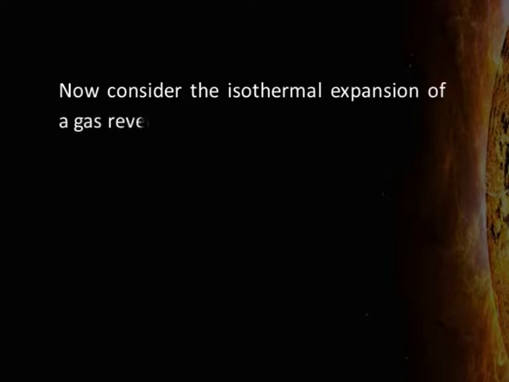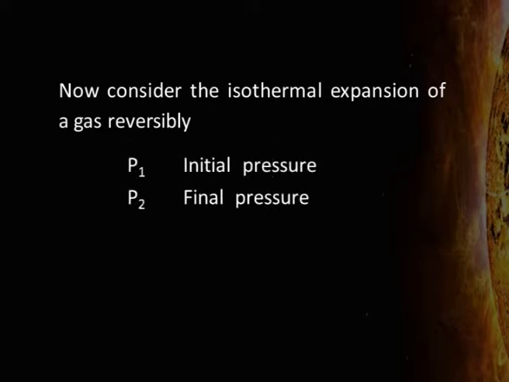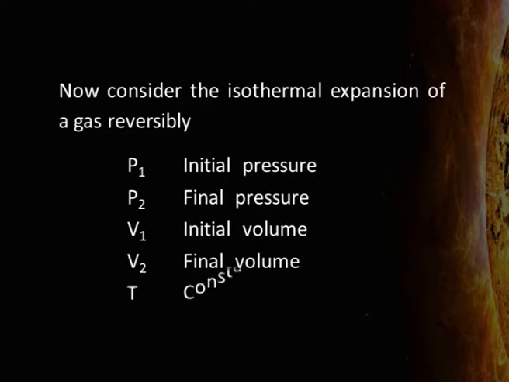Now consider the isothermal expansion of a gas reversibly. Here let us take P1 as the initial pressure and P2 as the final pressure, V1 as the initial volume and V2 as the final volume, and constant temperature is taken to be equal to T. As the process is reversible and isothermal, the system will remain in equilibrium with the surroundings all the time.